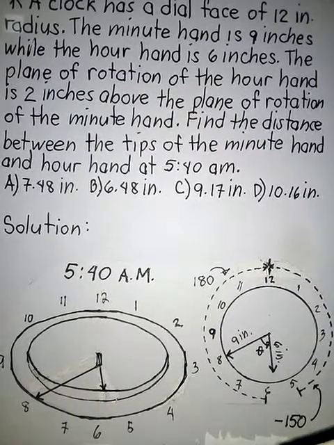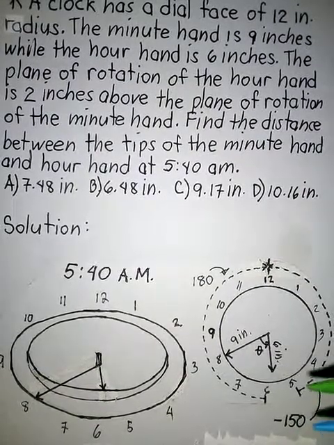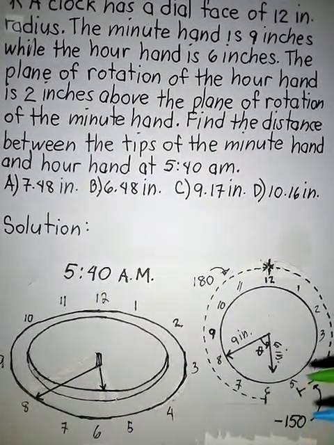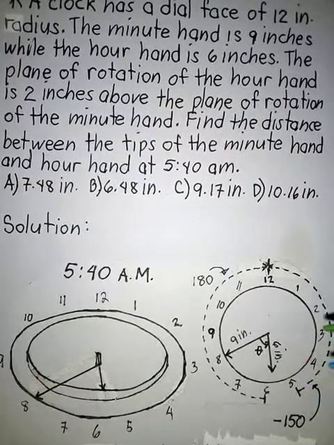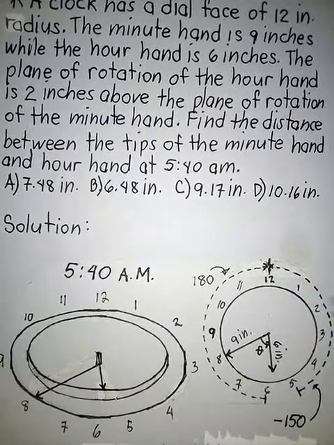So this is equal to negative 150 degrees, because just like in the number line, you are approaching a decreasing number continuously. So that will be negative.